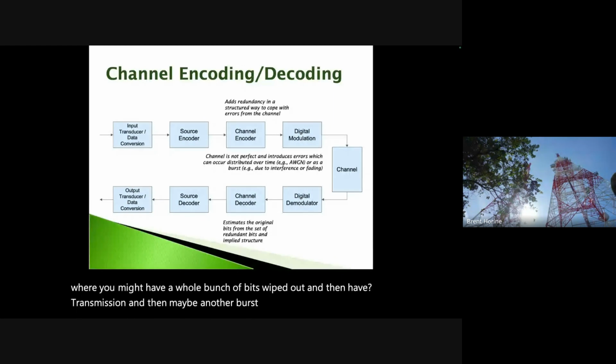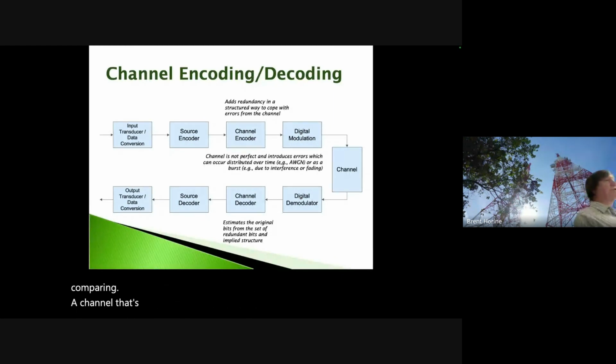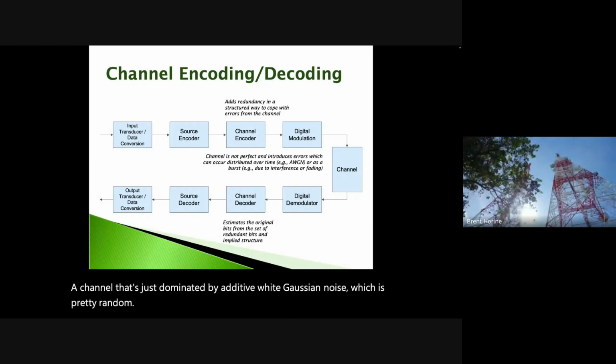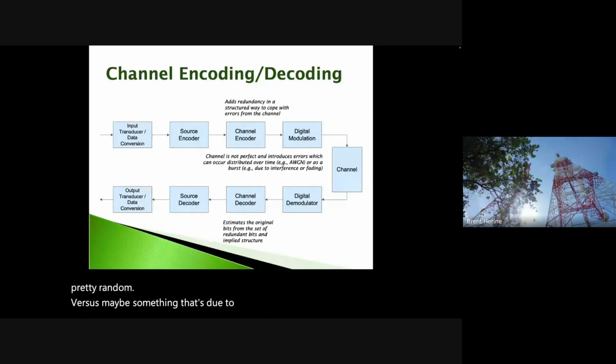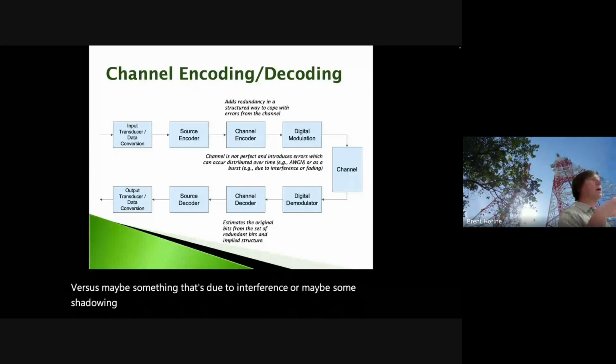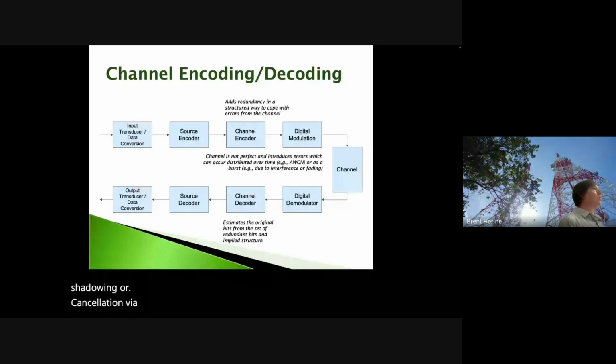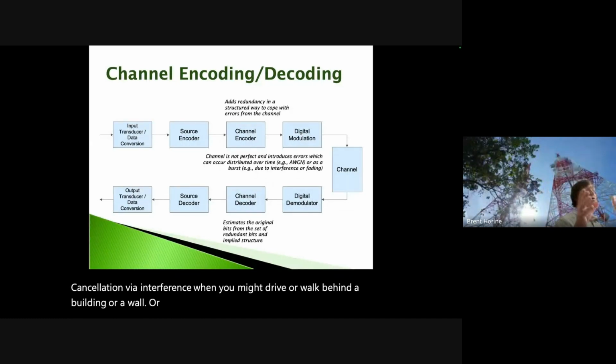That might be comparing a channel that's just dominated by additive white Gaussian noise, which is pretty random, versus something that's due to interference or some shadowing or cancellation via interference when you might drive or walk behind a building or a wall or just into a dead zone of a cell system or a Wi-Fi or whatever.